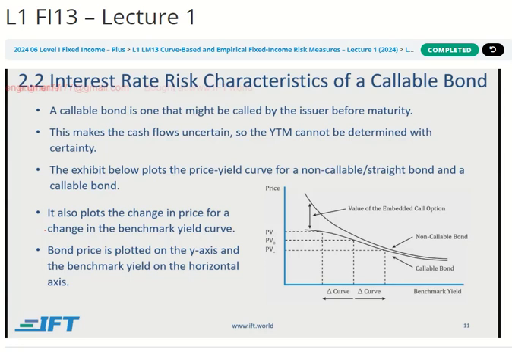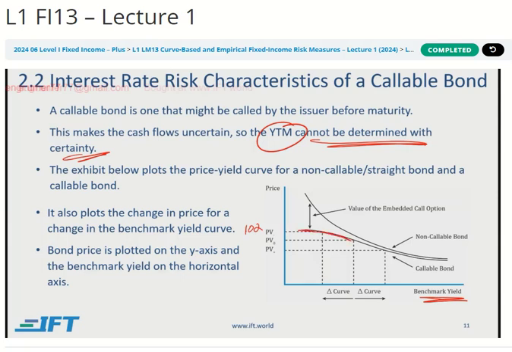Let me re-explain the reason why we're looking at effective duration and effective convexity now, using the benchmark yield instead of the YTM. For certain investments, certain portfolios, certain liabilities, YTM cannot be determined with certainty, right? Take a callable bond: if it is, say, callable at a price of 102, it will never go above that price.